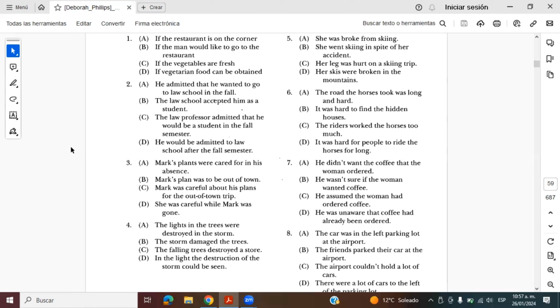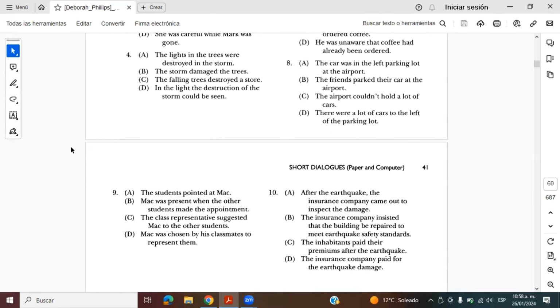I thought it had already been ordered. What does the man mean? Number 8. How are your friends going to get home from the airport after their trip? Their car was left in the airport lot. What does the woman mean?